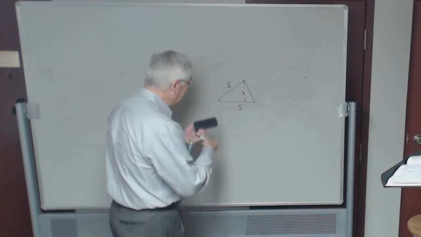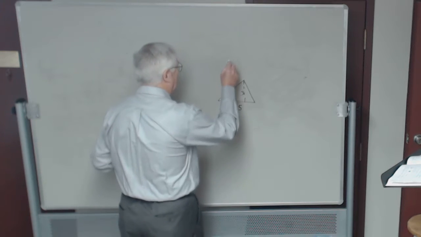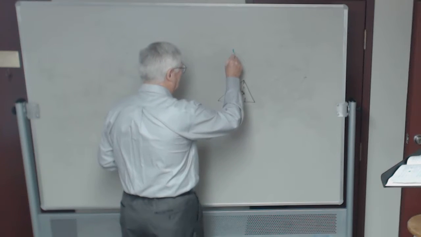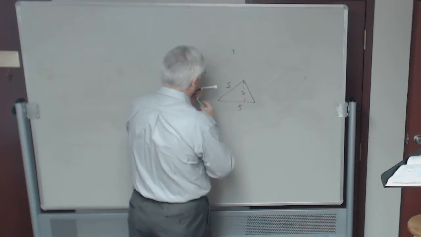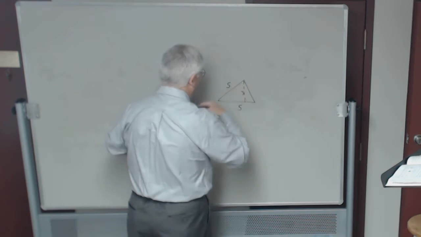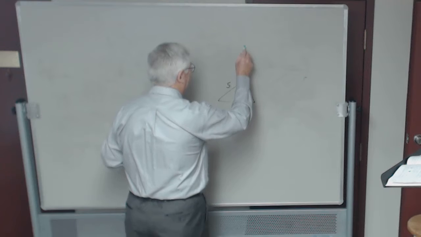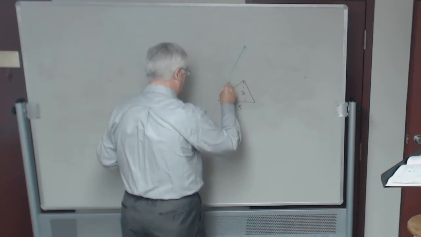And this is the base of a pyramid. So I'm going to put the point of the pyramid up there. Maybe I'll move it over here. See what this does.